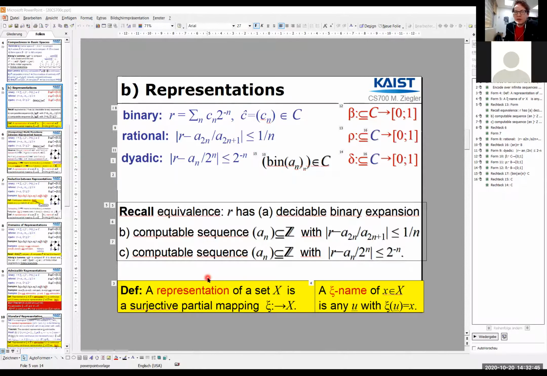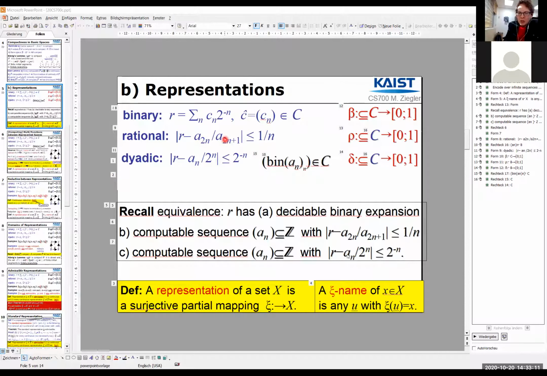And we have thus reviewed the notions of computability for single real numbers that we studied much earlier, now in terms of representations, namely the three notions that we know are equivalent gave rise to three representations. The binary computability corresponds to binary representation.